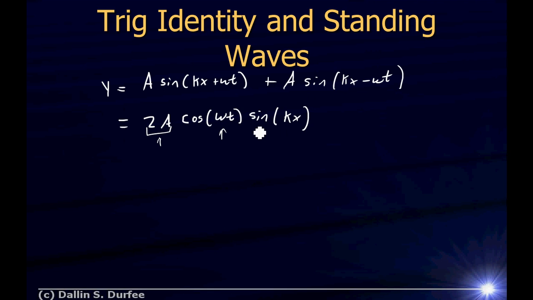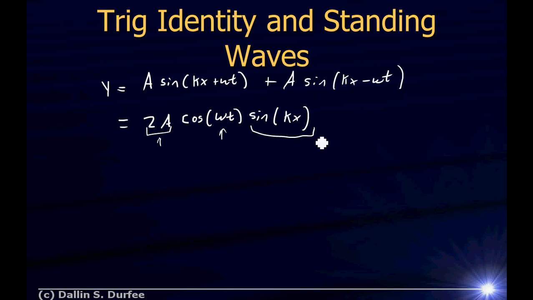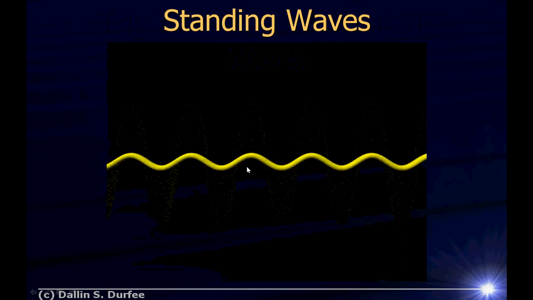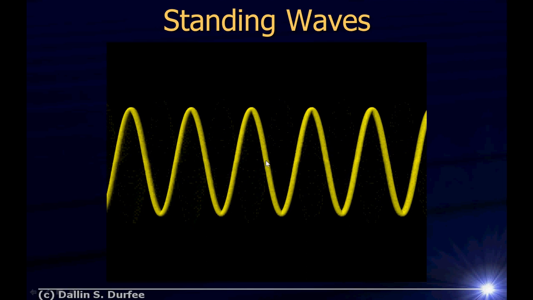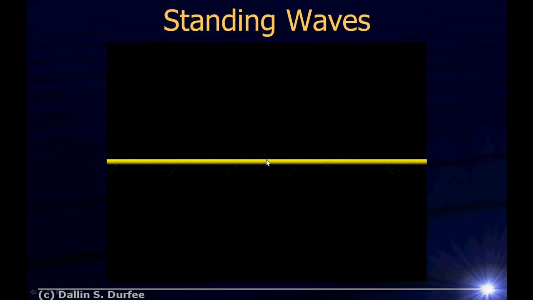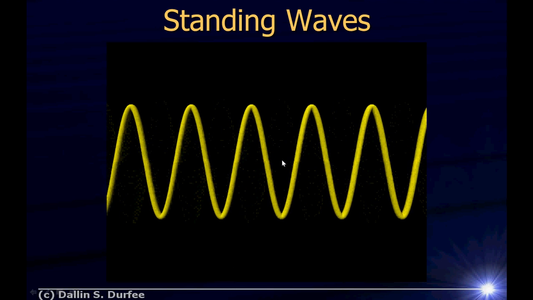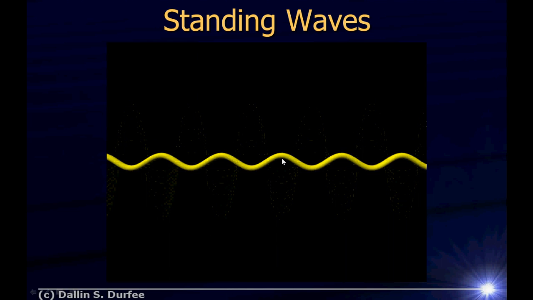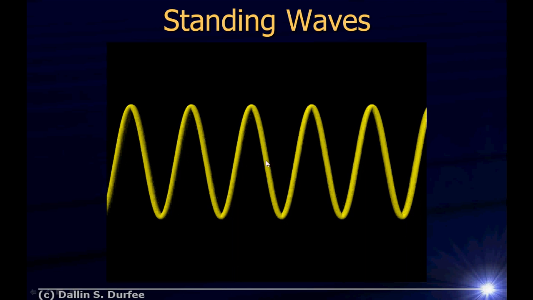All right, but the amplitude, now here the sine wave's kind of acting like our amplitude. If we look at any given point and look how it oscillates, the amplitude of the oscillation depends on where we are. All right, right here in the middle where x is 0, sine kx is 0, and I get no oscillation. But if I move over a quarter of a wavelength, here we are.